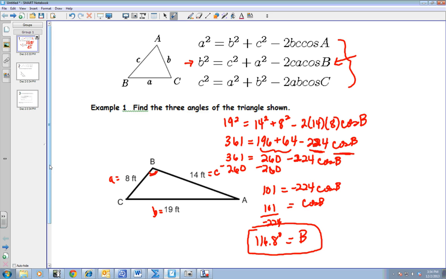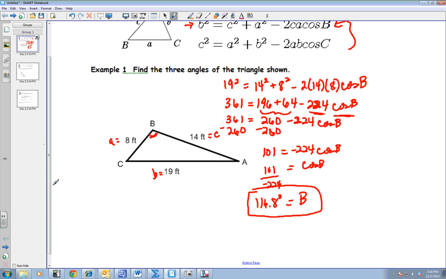Now I need to know the other two angles. Once we use the law of cosines to find the angle opposite our longest side, then we can use the law of sines to find my next angle. Let's find angle A. So using law of sines, I have 8 over sine A equals, and I have to use B because that's the only other angle I have, B, which is 19, over sine B, which is 116.8.